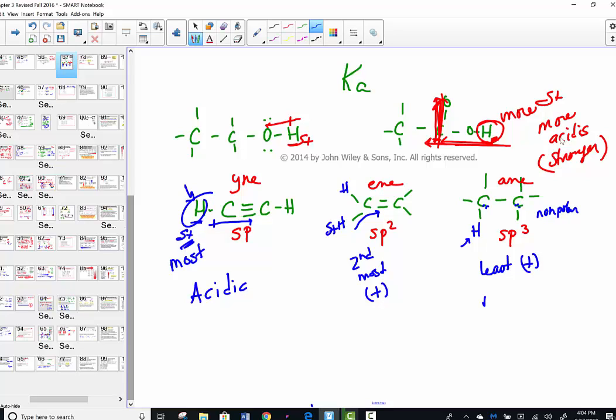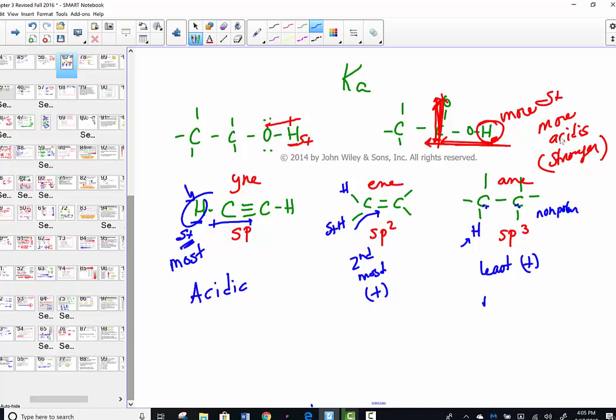And when you look at your pKa chart, if you just stare down that trend, notice that a triple bond, although it's close to the bottom, is higher at pKa 25. The very last two in the left column, the ene is 44 and the ane, all saturated, is a 50.